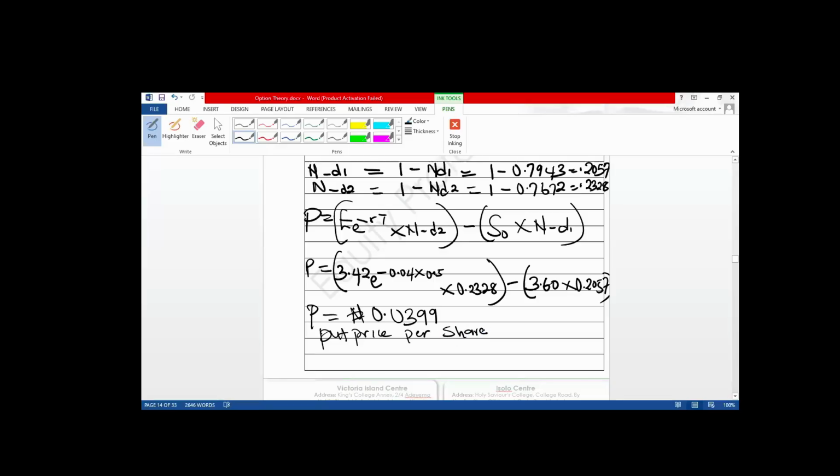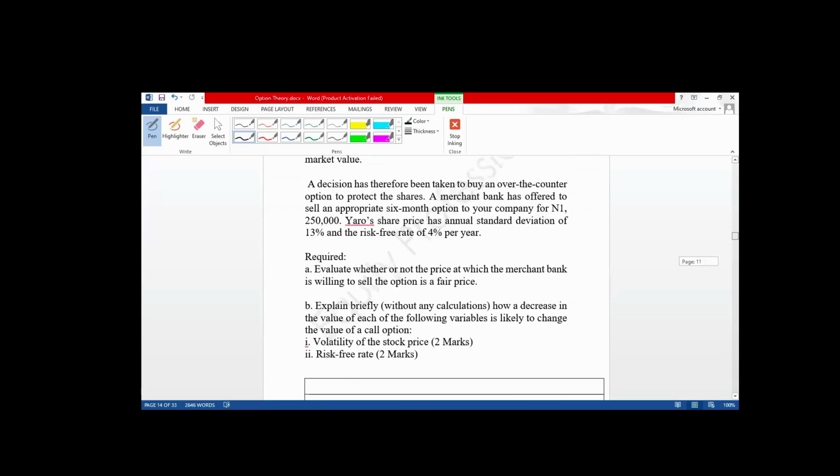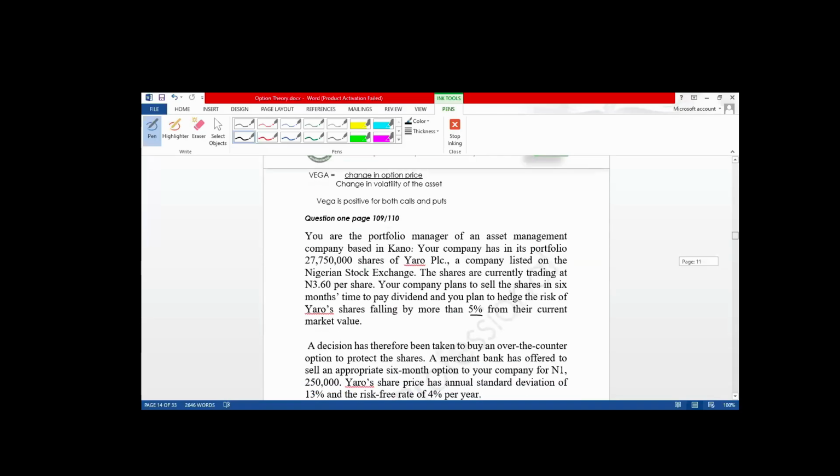How many shares does this investor have? How many shares is this? 27,750,000.